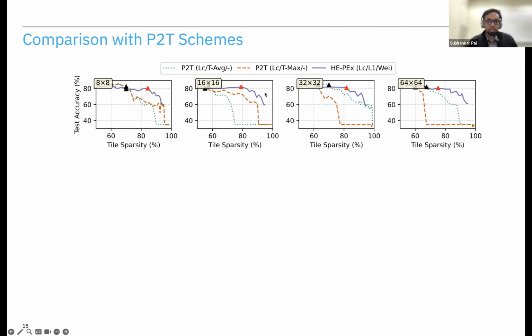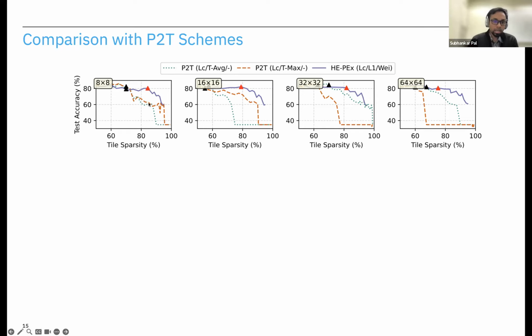Okay. So as I mentioned, P2T is our baseline. And these show the details of the exact pruning that we did. So it's local scope, and T average is the average as the metric for ranking the tiles, and so on. And then the different charts show different tile shapes. Now, if we recall, the tiles are 3-dimensional tiles, and the Z dimension is the replicated dimension.